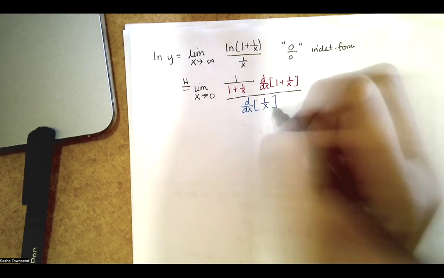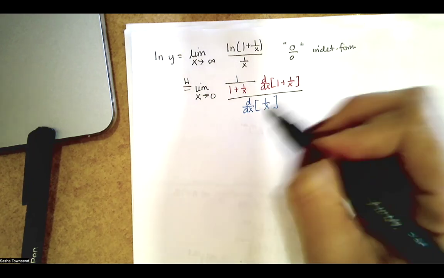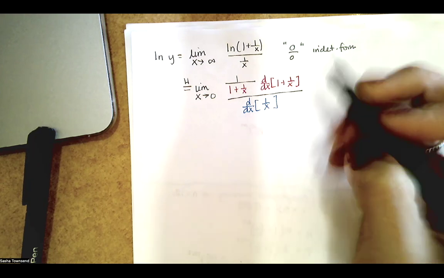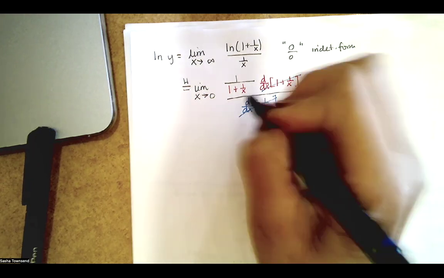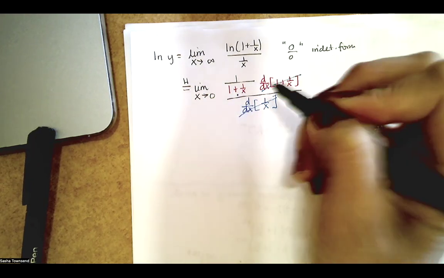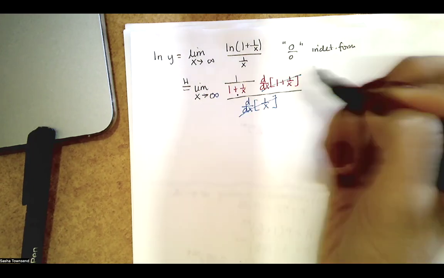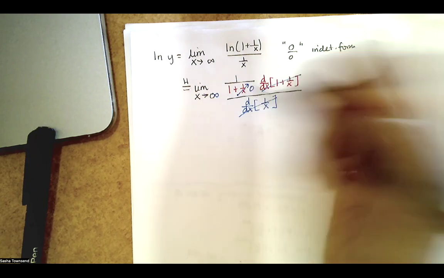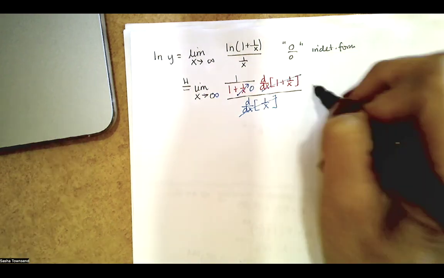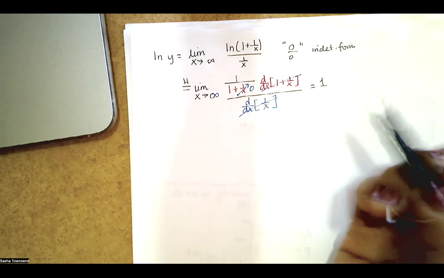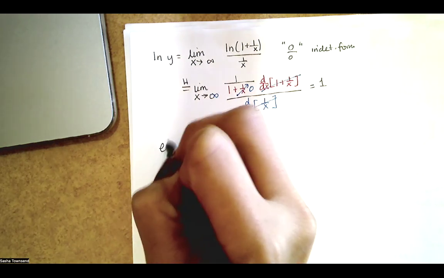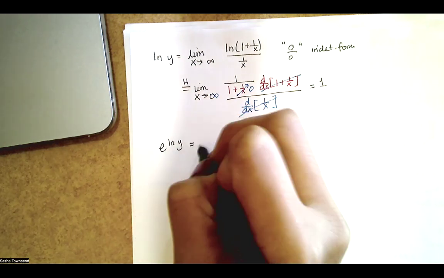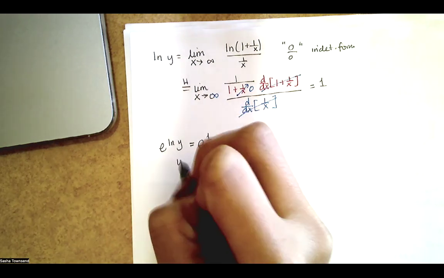we see we've got the same thing here. The derivative of 1 plus 1 over x is the same as the derivative of 1 over x. So these guys reduce as x goes to infinity. As x goes to infinity, 1 over something very large is something very small. This expression goes to 0, and we get a 1. So natural log of y is 1. So e to the natural log of y is e to the first.